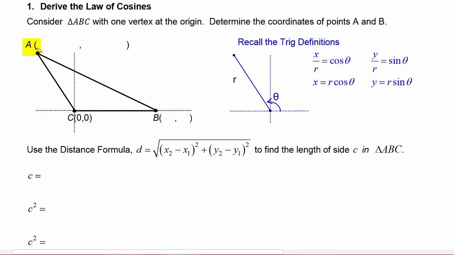Since this is angle A over here, its opposite side would be lowercase a. Angle B is here, so its opposite side is lowercase b. And with angle C being here, its opposite side is lowercase c.